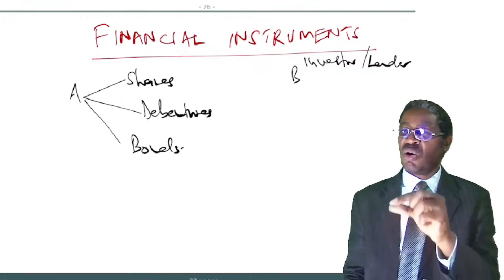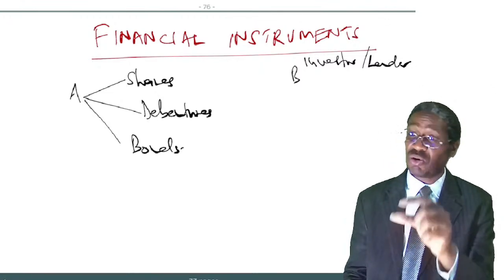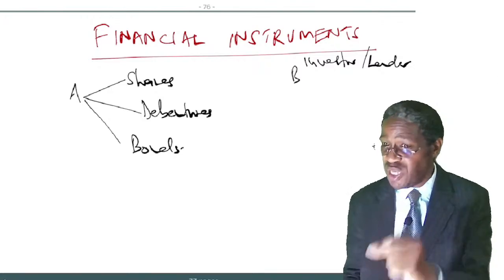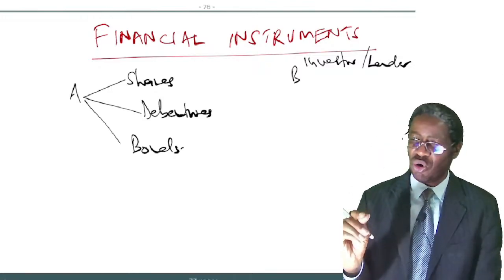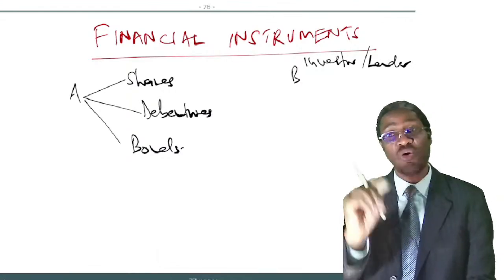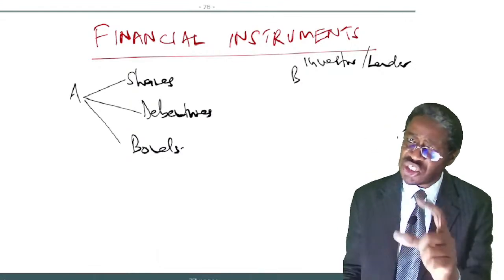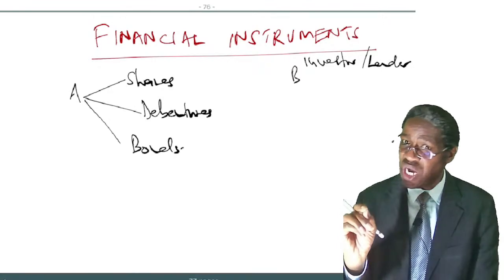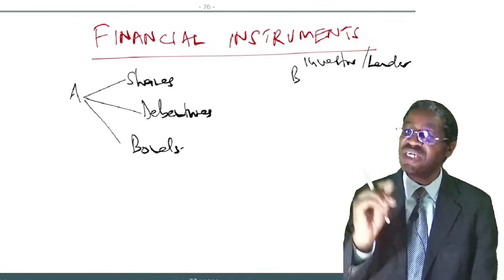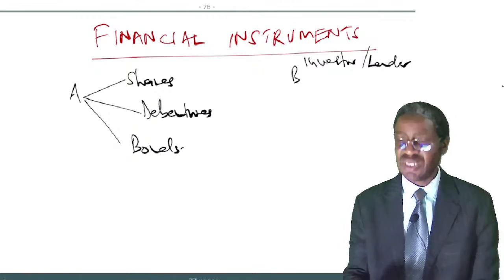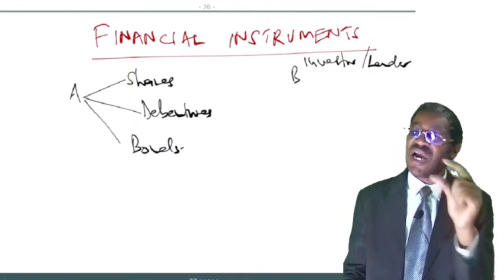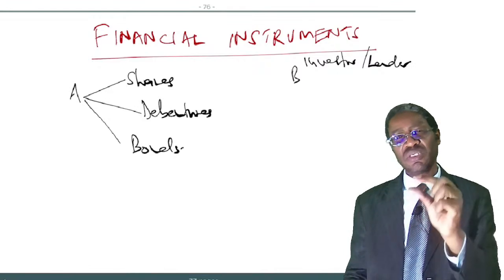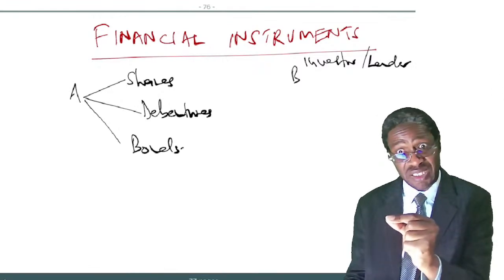Now, when person B or company B buys shares in company A, in the books of B, they would have an asset called investment in shares of A. If B buys debentures of A, B in their books will have an account called investments in debentures of A. If B buys your bonds, in the books of B, they would have an account called investments in bonds of A. Listen to this now.